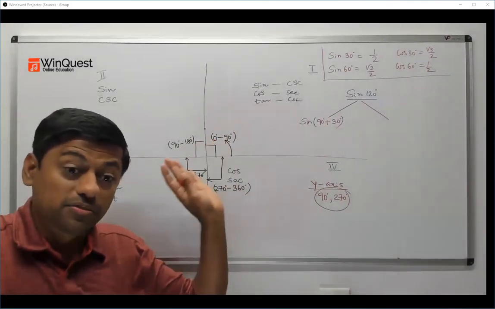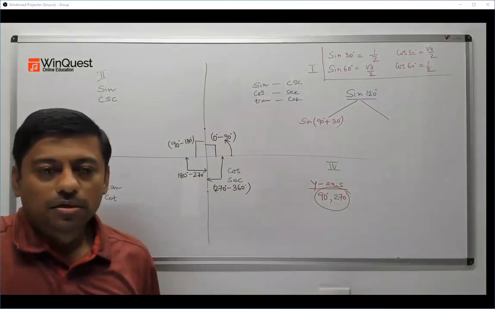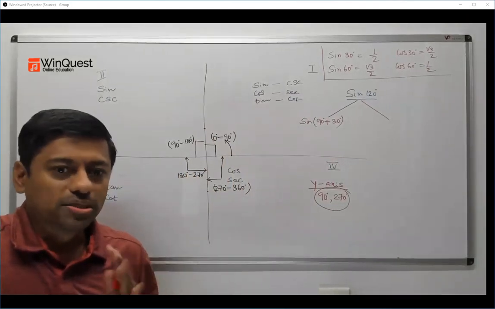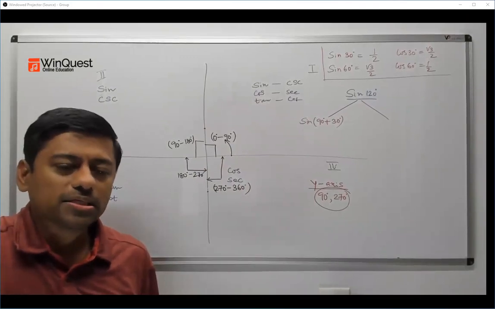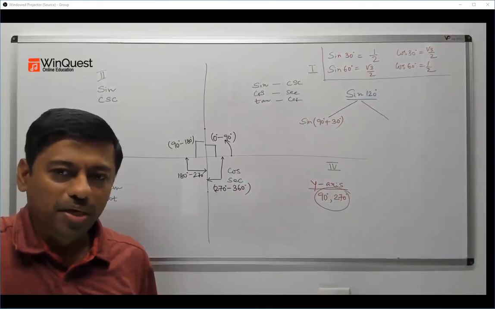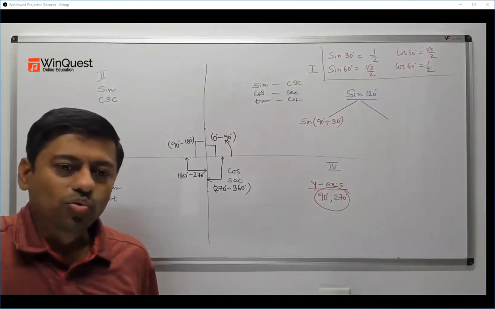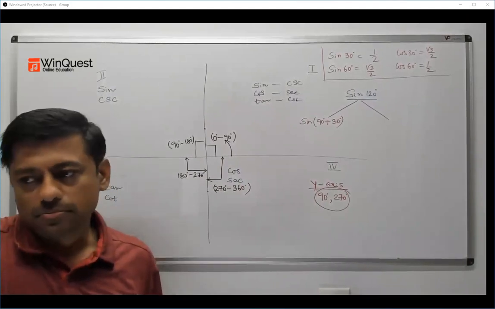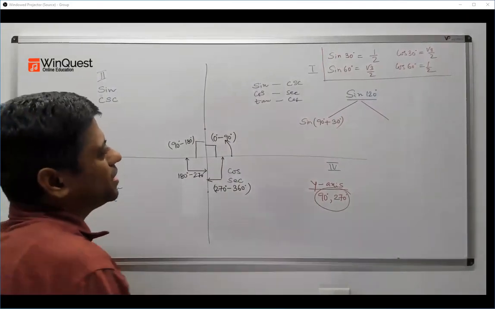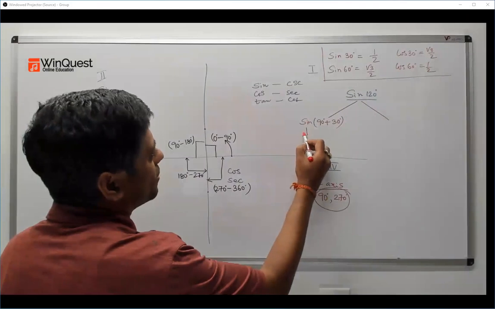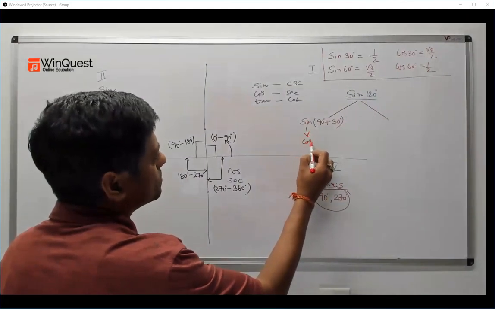But this y-axis is very tough. It doesn't allow you to pass through so easily. What it says is, if you are passing through me, you will have to change something. So it says that sine has to convert itself to cos.